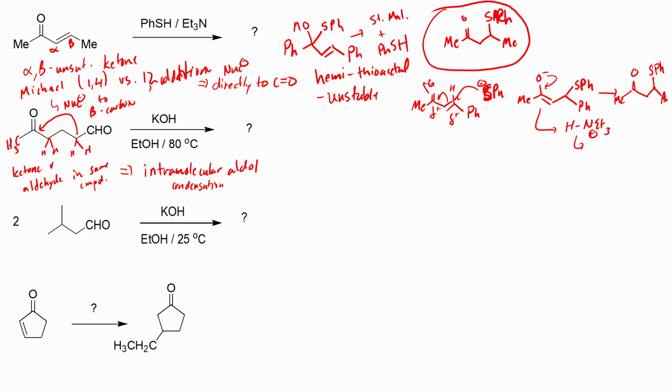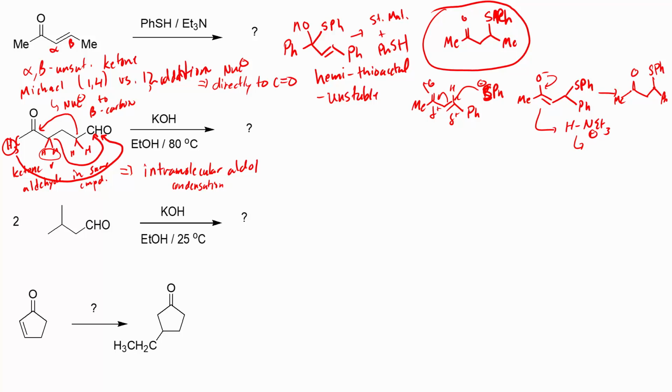If I removed one of these protons right here, that means I would be making a C-C bond forming a ring between that alpha position and the aldehyde carbon. And if I removed one of the hydrogens of the methyl group, I would be making a new C-C bond forming a ring between that position and there.